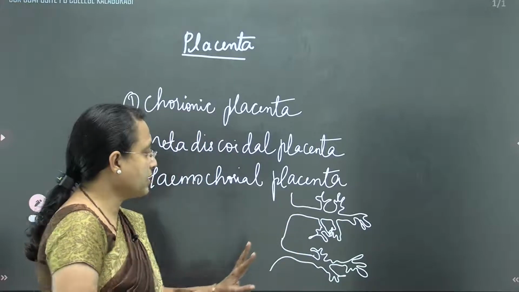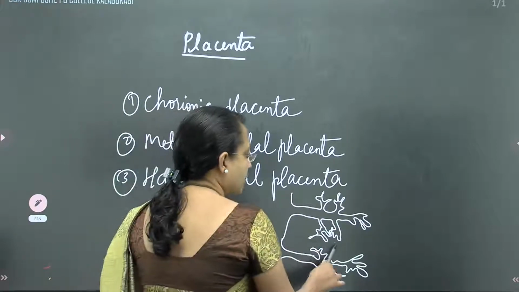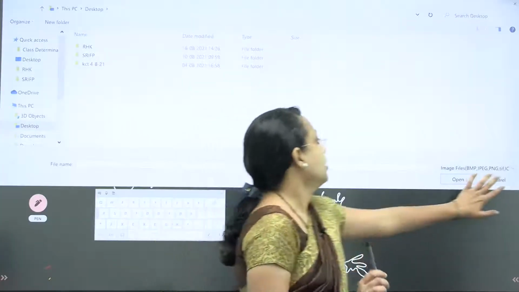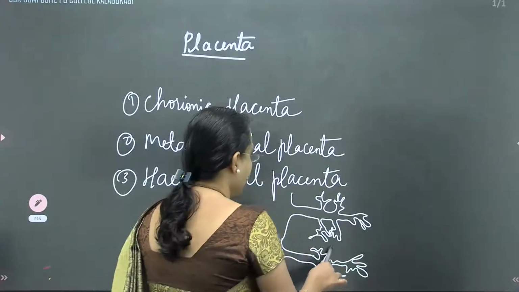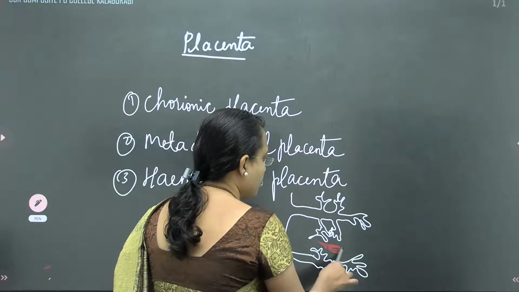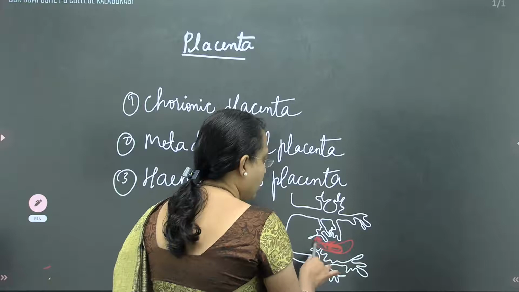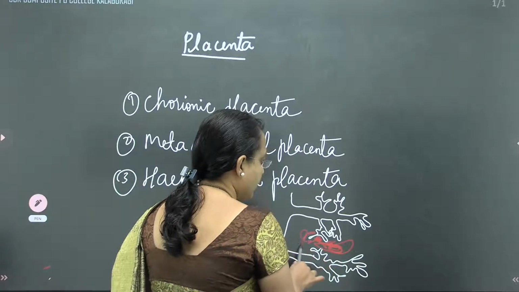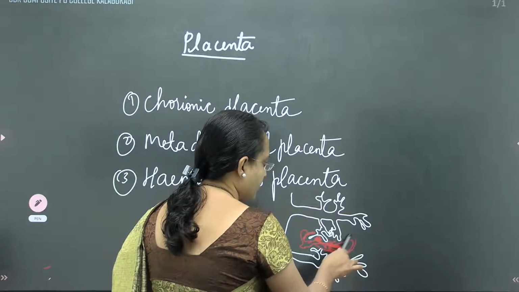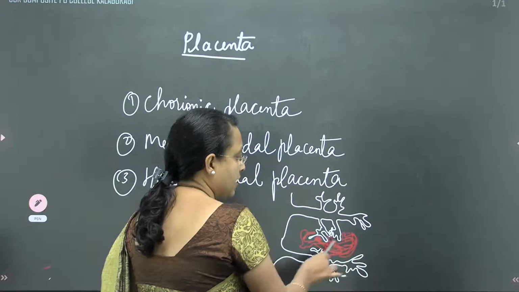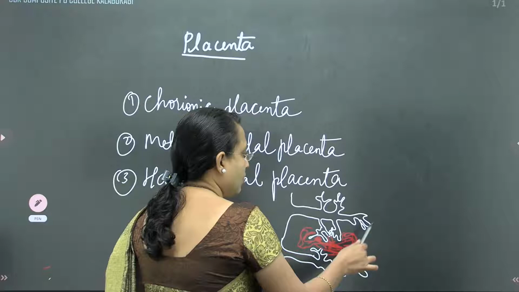In between the placental villi, there are some spaces here. These spaces are called sinuses. Okay.